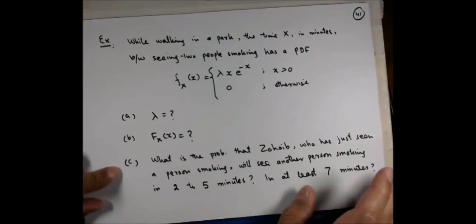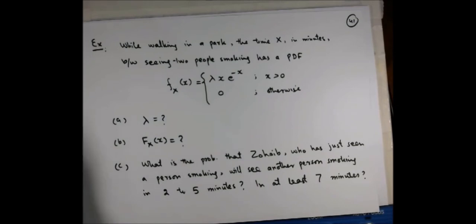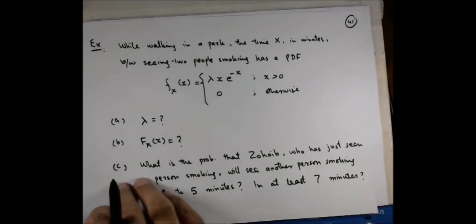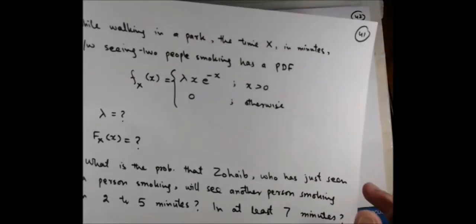You see how we can easily find these probabilities. We will only utilize the concept of the PDF initially to find the probabilities of interest here. So I'll now move with the solution of this problem.